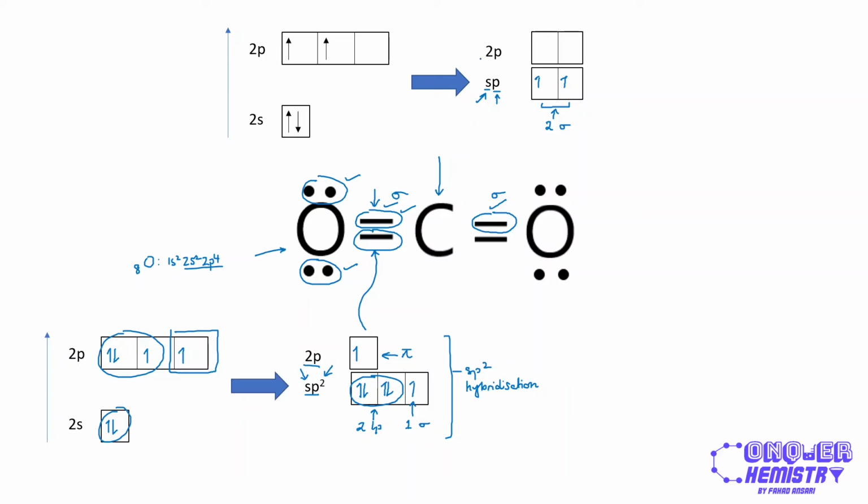That means this 2s orbital and this empty 2p orbital will be used in the hybridization process, and these two orbitals over here that were not part of the hybridization process are going to be used to form the two pi bonds, one over here with this oxygen and one over here with this oxygen. So these were the three types of hybridization. This last one was sp hybridization.